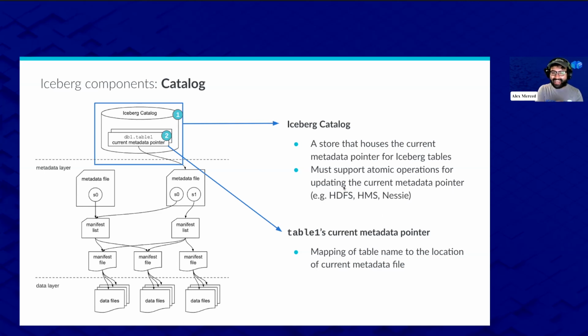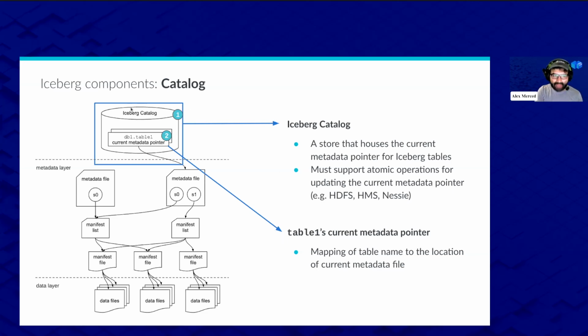There is an HDFS implementation for a catalog, which works like Hive in the sense that the folder determines the table. But that doesn't necessarily have the same guarantees as using things like Hive Metastore, AWS Glue, Nessie, a JDBC compliant database, or DynamoDB. Any of these can be used as your catalog, and those would provide a lock and really provide you those ACID guarantees.